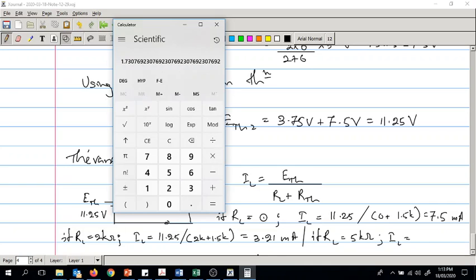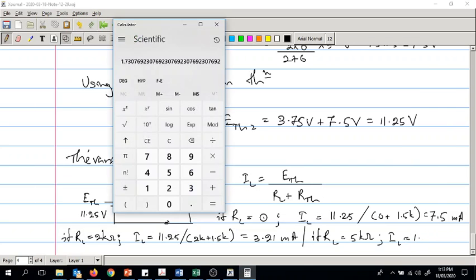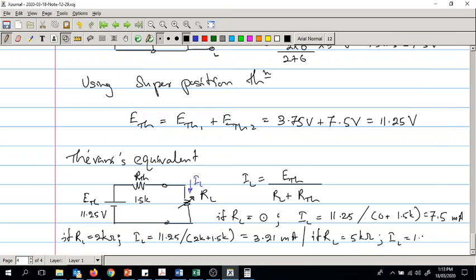That's 1.73 milliamperes. So now you can see that for any different RL value you can calculate the current through without performing any further analysis, simply by using this particular equation. That is using Ohm's law.